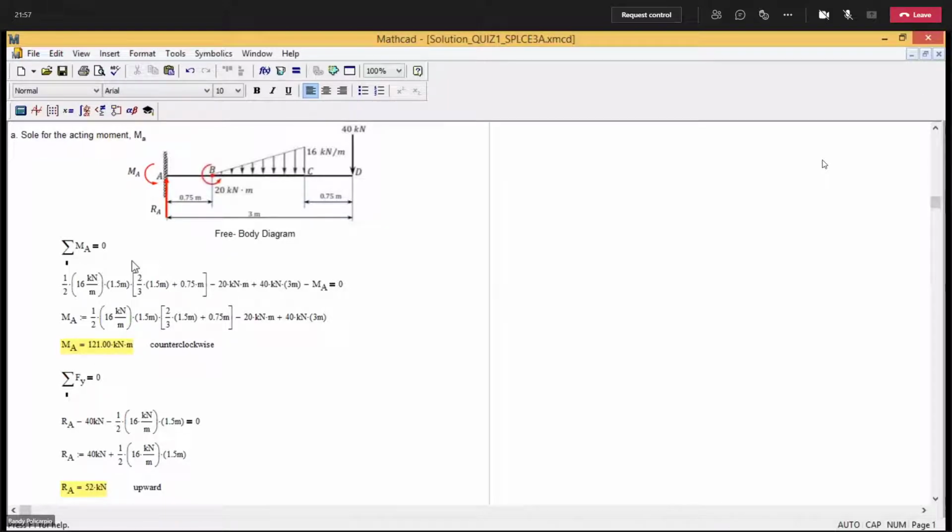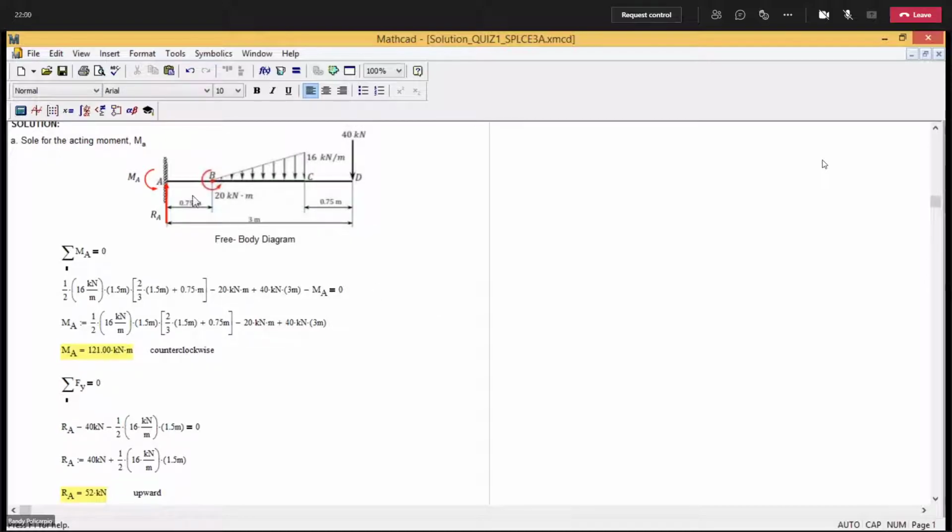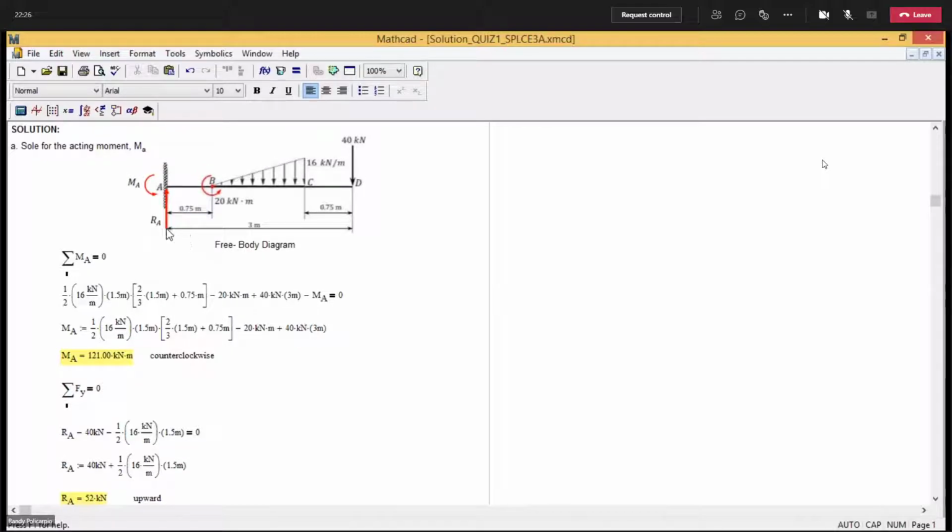Okay, so you need to present a free body diagram because I cannot check your equation without a free body diagram. How do I know kung tama yung mga direction mo kung wala kang free body diagram, no? Okay? Kaya tandaan niyo yun, no? Without a free body diagram, you cannot do this. Okay? So ngayon, yung free body diagram natin, RA is assumed upward, vertical.